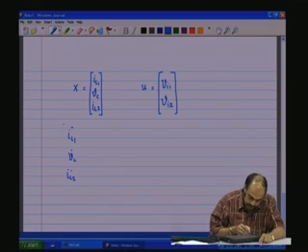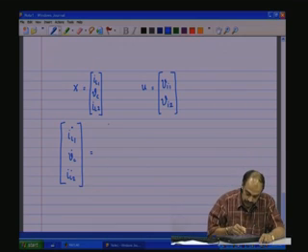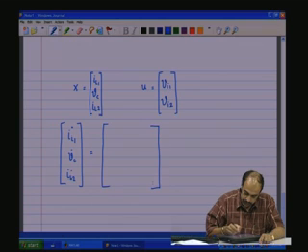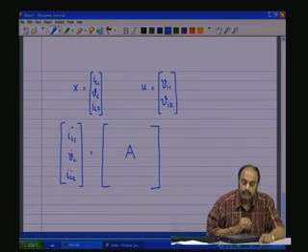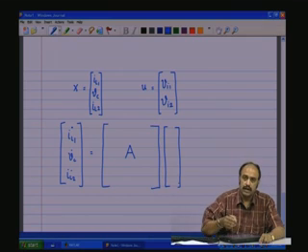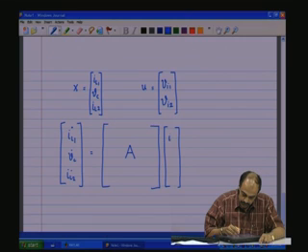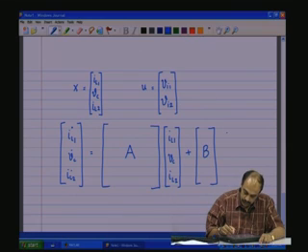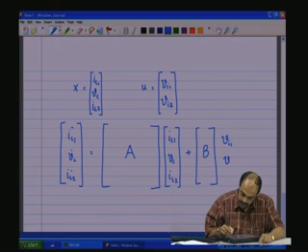Vc dot is equal to the A matrix, which is basically the function of all the parameters of the circuit, the R1, R2, all those things. And you have IL1, Vc, IL2 plus the B matrix and Vi1, Vi2.